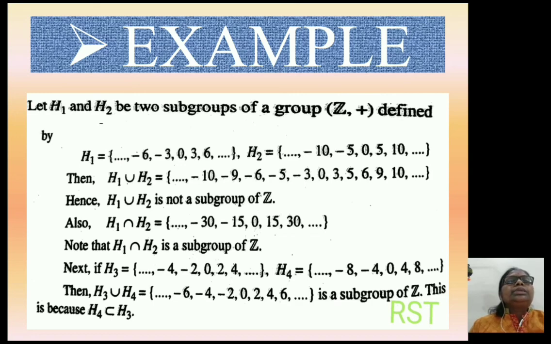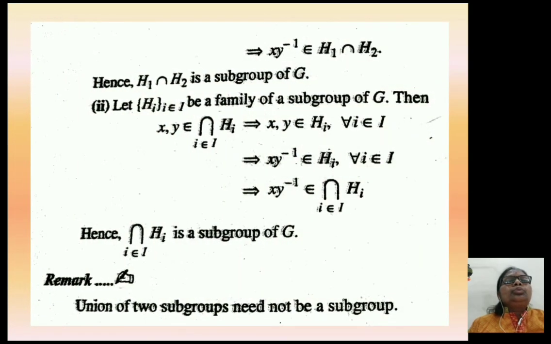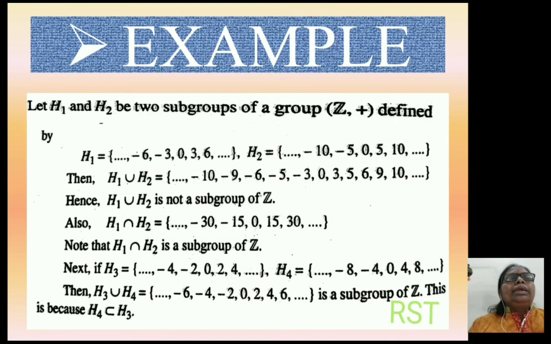Thus, we have seen that the union of two subgroups need not be a subgroup. That means the statement is not true always. In some cases it is a subgroup and in some cases it is not a subgroup.